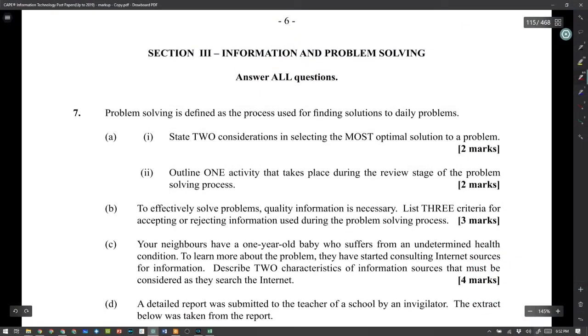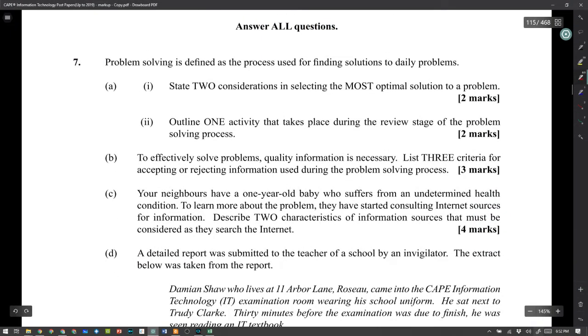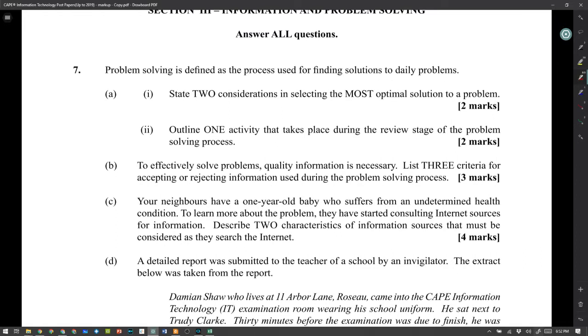Okay, so now module 3, section 3. Problem solving is defined as a process used for finding solutions to daily problems. State 2 considerations in selecting the most optimal solution. Two considerations in selecting the most optimal solution: cost of implementing the solution.